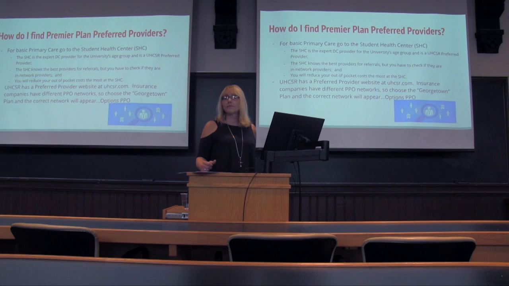They pay less, fewer doctors join, so it's just a smaller network. In the end, you save money on the plan, depending on which one the plan manager chooses, but that's the trade-off: a smaller network or a large network that costs a little bit more. The Premier plan is the larger network.